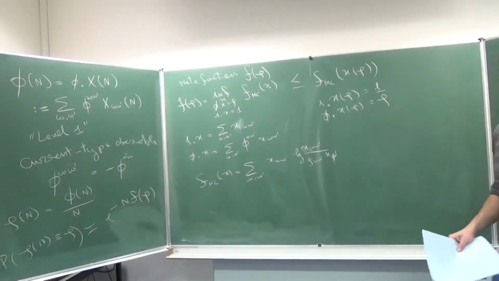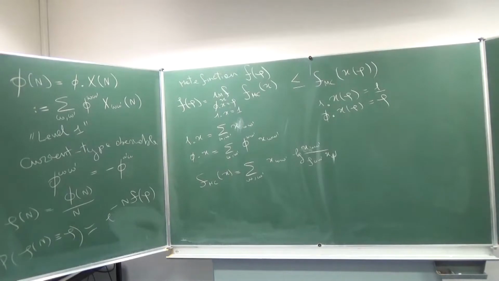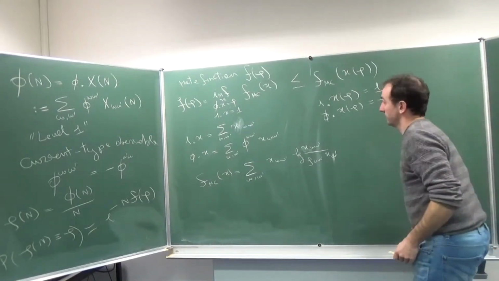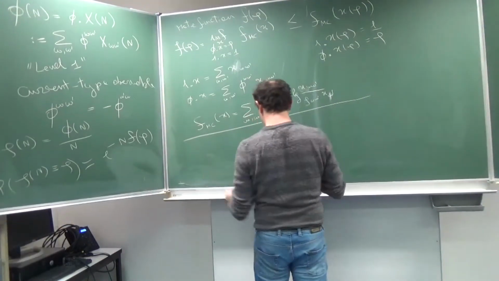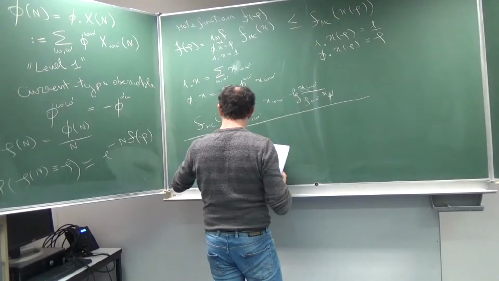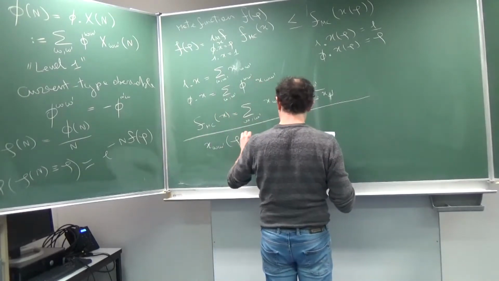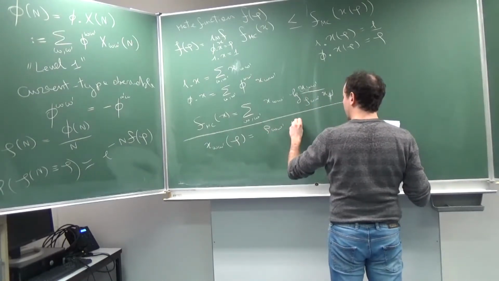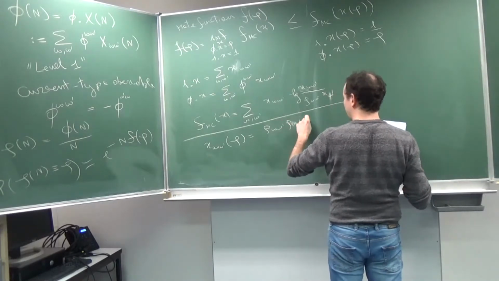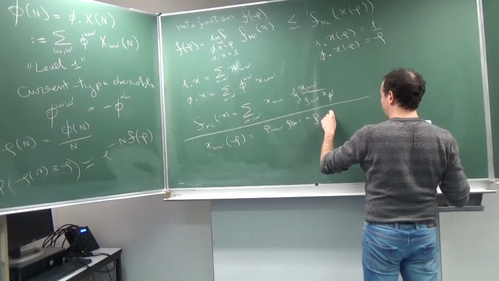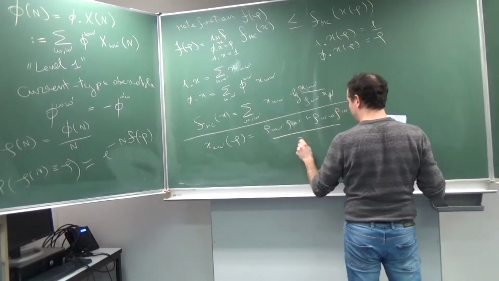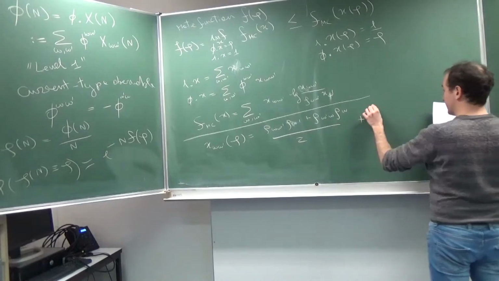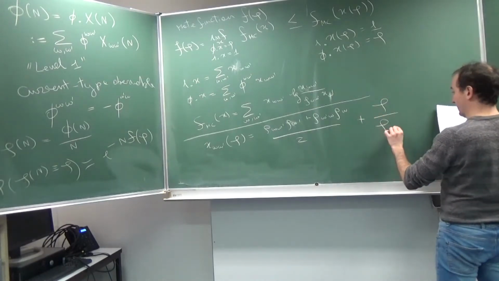Okay. So now I will just propose one such solution. Which is x omega prime of phi is equal to rho omega prime plus rho omega prime rho omega half plus phi over phi rho.